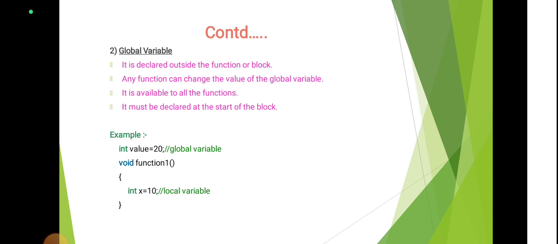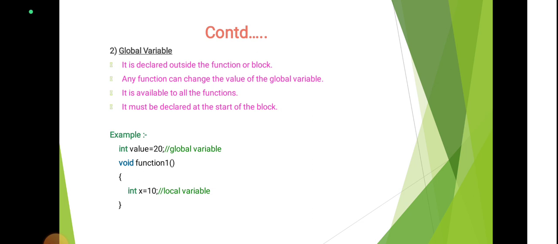It is available to all the functions because it is global, and it must be declared at the start of the program. Here we take the example int value equal to 20. This variable is global because we declare it outside the function or block.